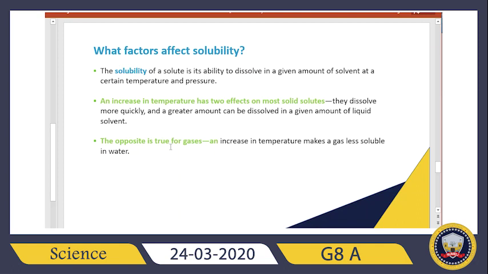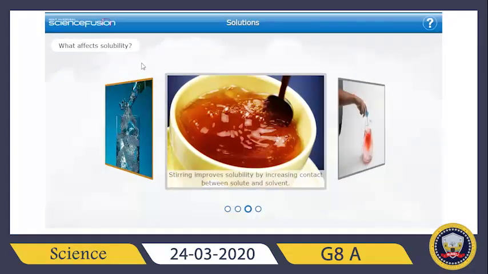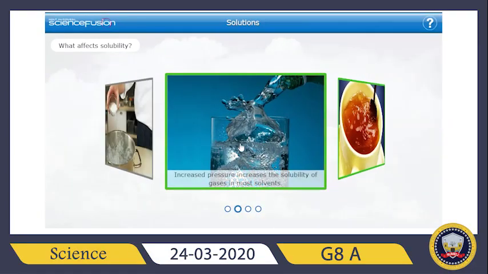That's why we are keeping our Coke or soda inside the refrigerator, because we don't want them to lose their gas. We want to keep the solution as it is. And also we are keeping it closed because we want to keep the pressure inside stable, because we also need a certain pressure in order to dissolve the gas inside the liquid.